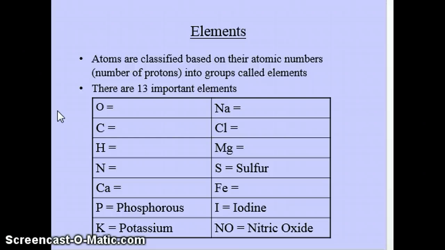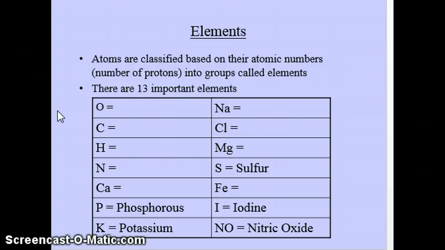So if we talk about one of these elements, all elements of oxygen are going to have the same number of protons. They may have a different number of neutrons, they may have a different number of electrons, but all oxygen elements have the same number of protons.